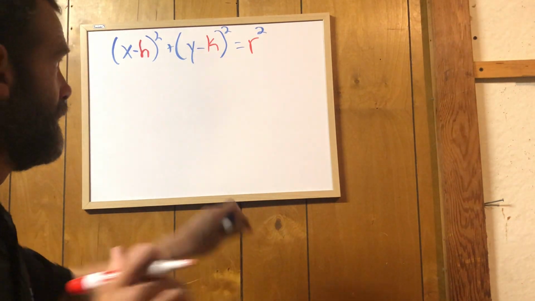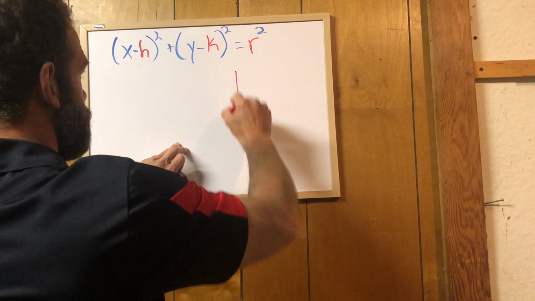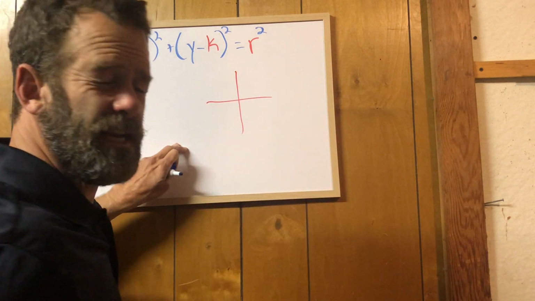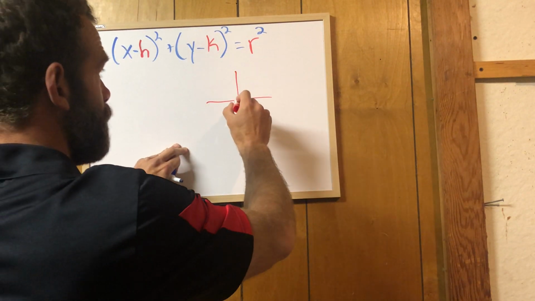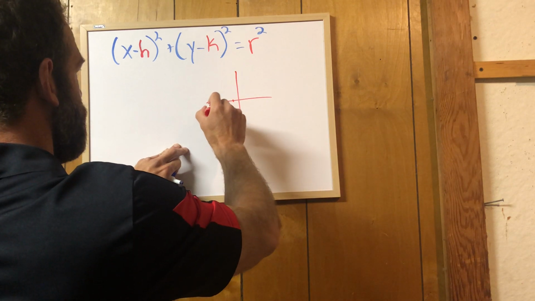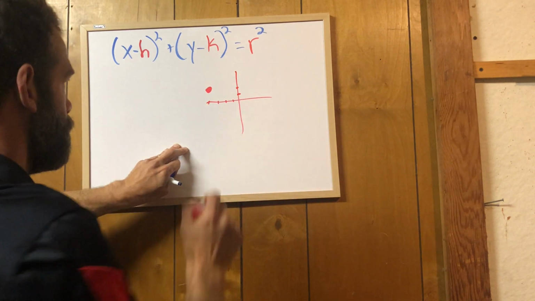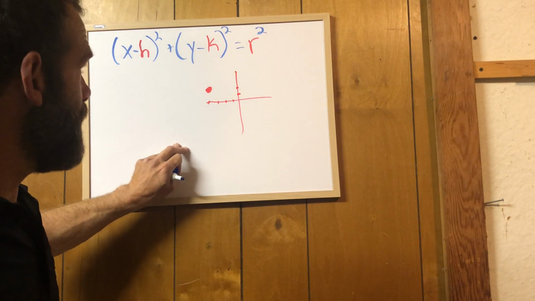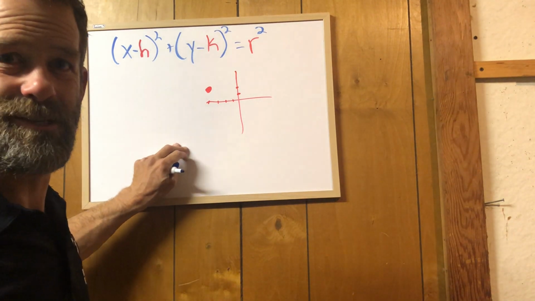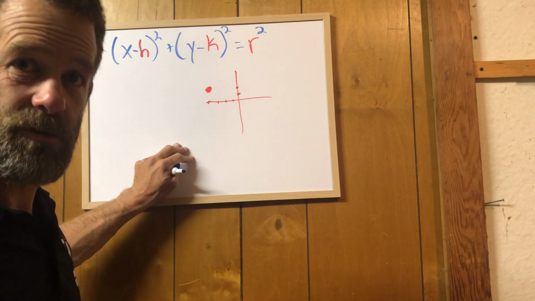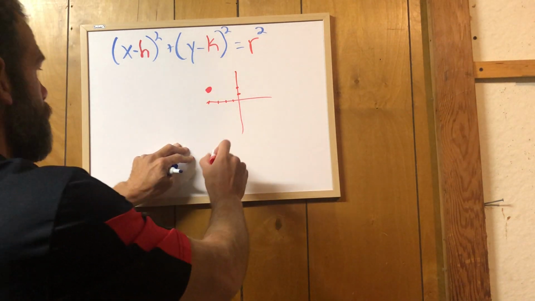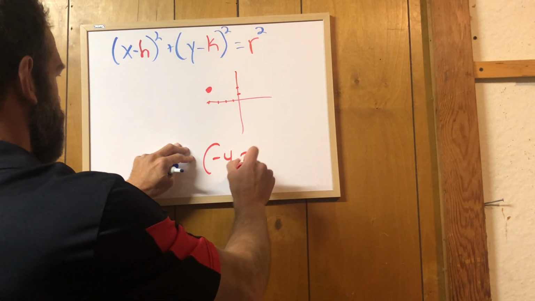But before I explain, whenever you graph a circle, all you need is two things. You just need a center and a radius. So let's say the center of my circle, not the radius, but the center of my circle is (-4, 3).